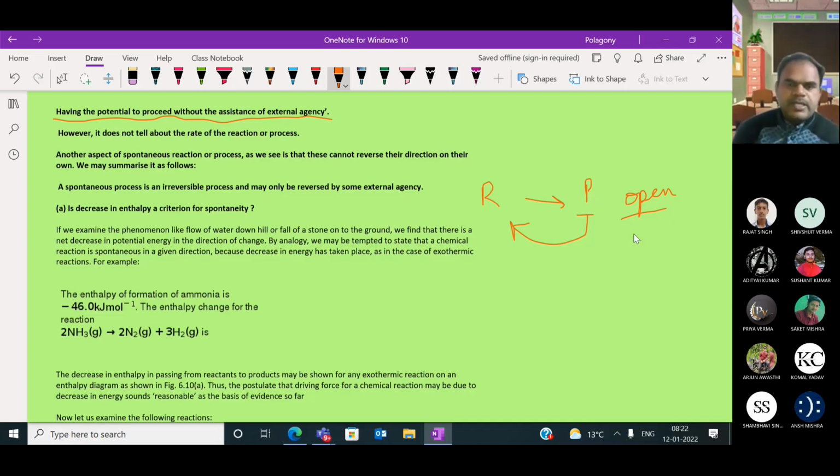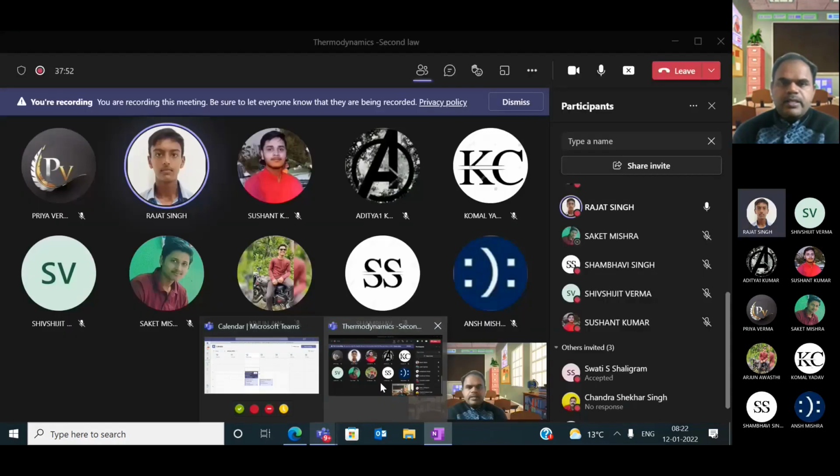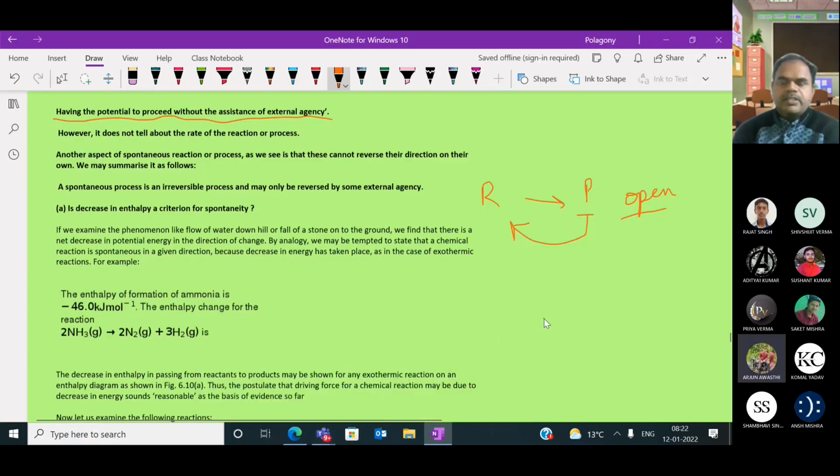Most of the reactions that take place in nature, reversible or irreversible? Tell me. Most of the chemical reactions that take place in nature are irreversible, not reversible, we say.